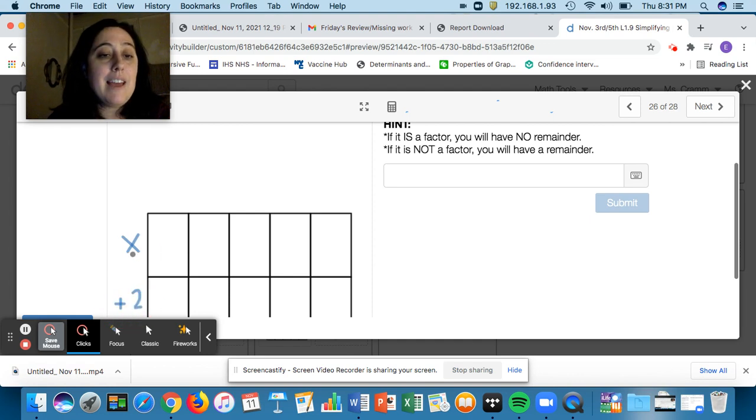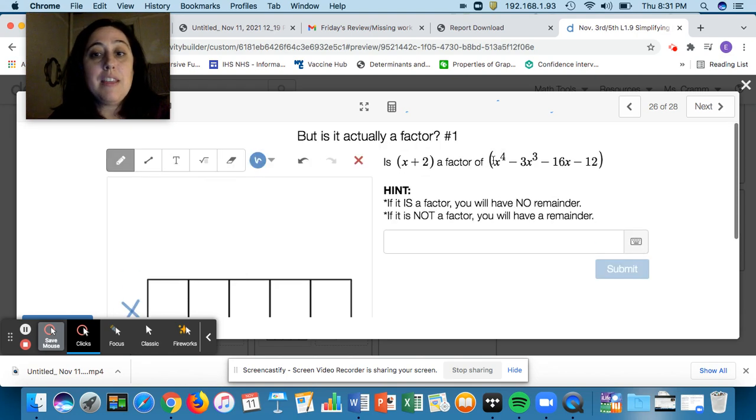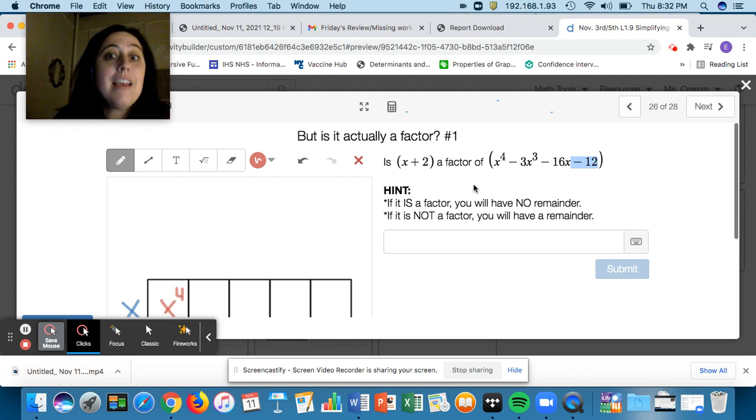Again, on the outside we've got factors. On the inside is where we would have this standard form. So I can use the box method and put the first term, x to the fourth, in your upper left hand box. Now, if the lower right hand box is a negative 12 when we're done with this, then that's good. That means that x plus 2 is a factor.